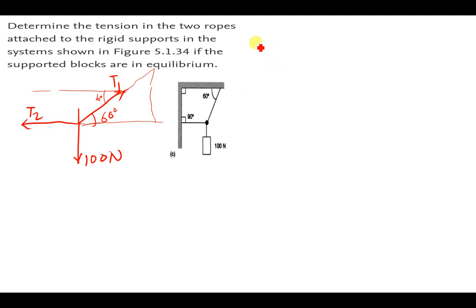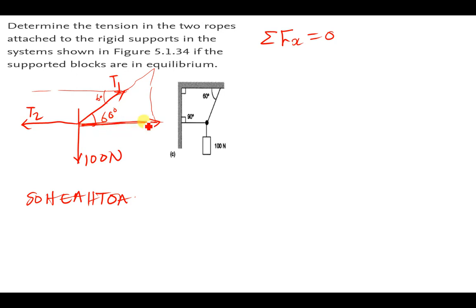So we'll start first by finding all the forces in the X. Say all the forces in the X should be equal to 0. So the force, this force T1 in the X, by using SOHCAHTOA, this is how we write SOHCAHTOA. Then in the X, we have been given T1, which is the hypotenuse, and then the X component will be the adjacent to 60 degrees.